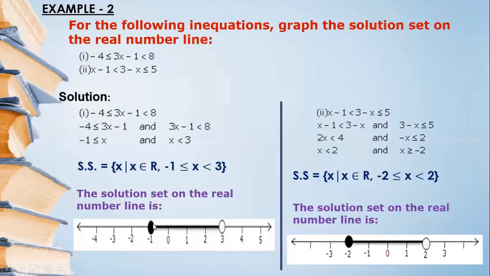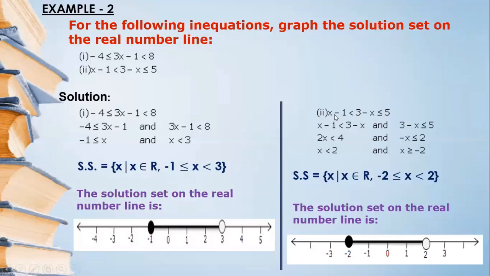So starting from minus 1 to 3 we will draw a dark line, which shows that all these numbers, minus 1, 1, minus 1.5 and so on, and all these numbers but less than 3 are included in the solution.